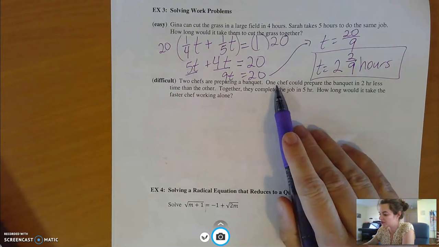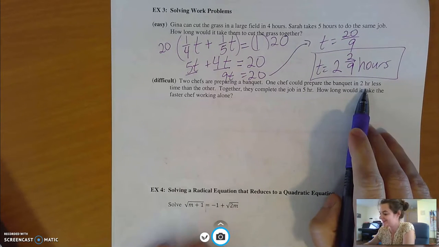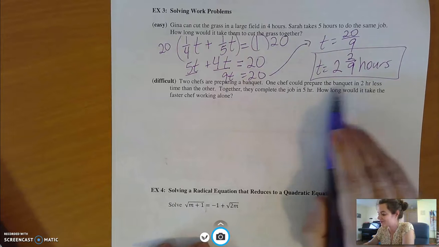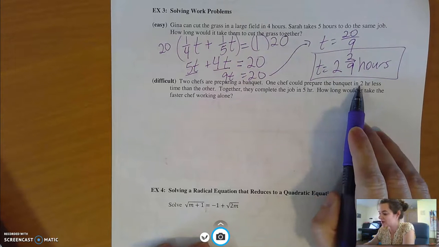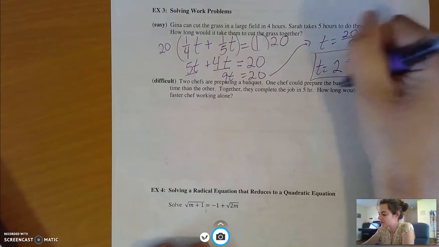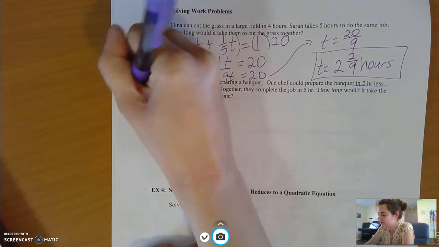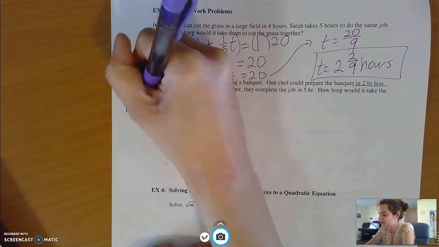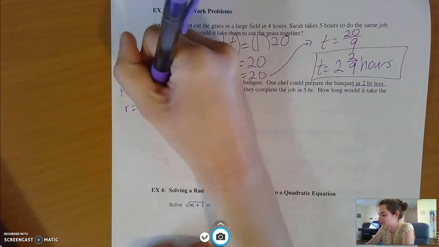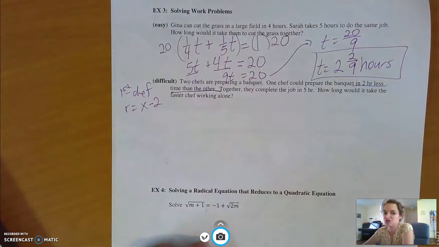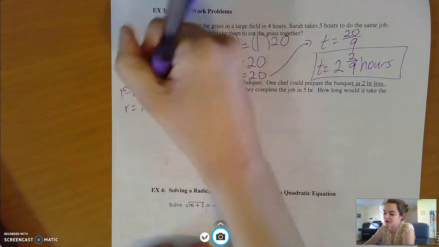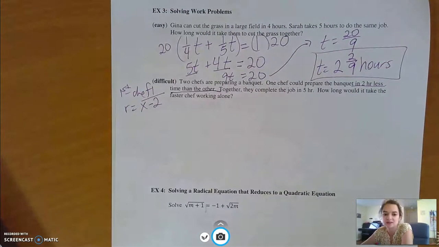Let's see. So for the first chef, he can prepare the banquet in 2 hours less time than the other. So his rate would be the second chef's time minus 2 hours, and it would be 1 over that time that it takes.